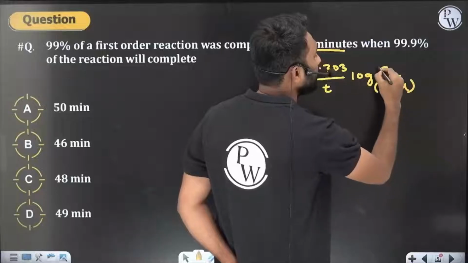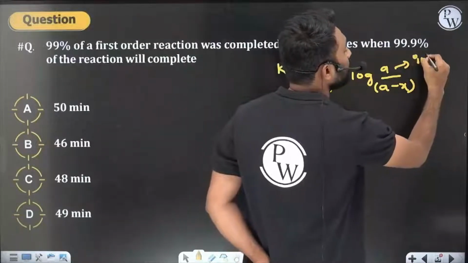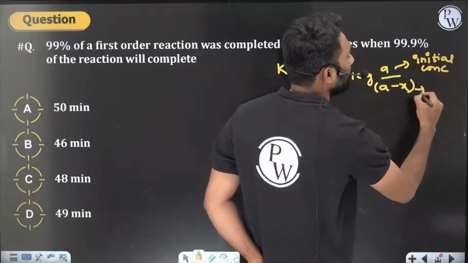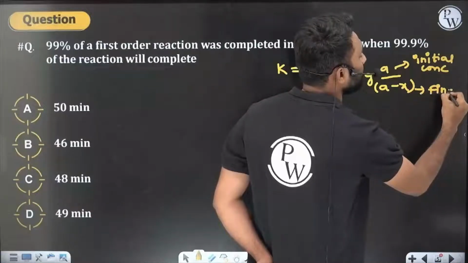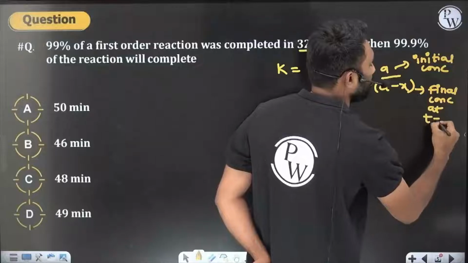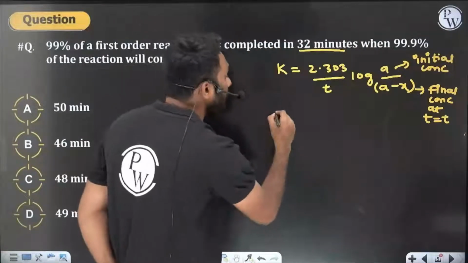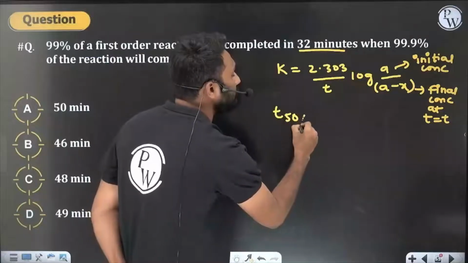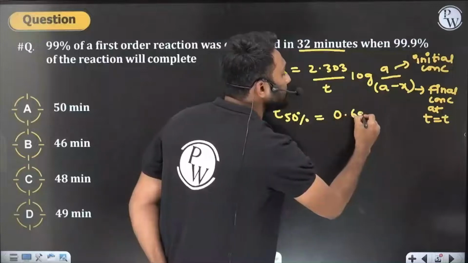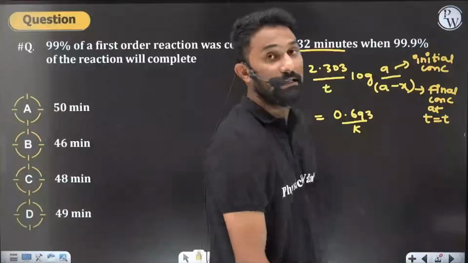Here a is the initial concentration and a minus x is the final concentration at time t. Next we have to know the half-life t 50% of a first order reaction is equal to 0.693 by k.